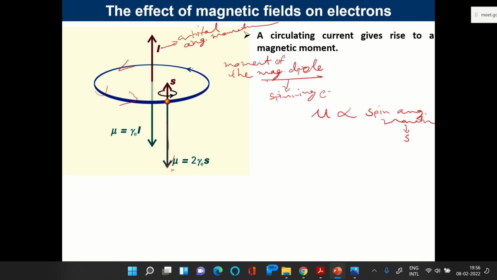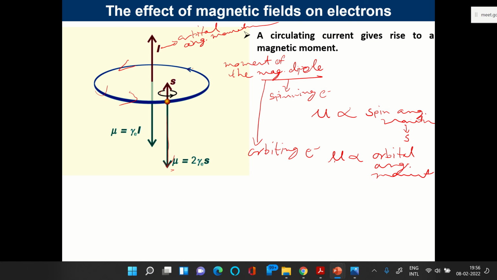If the magnetic dipole is the orbiting electron, then mu is proportional to the orbital angular momentum. So the magnet that I am viewing is a magnet for two reasons: due to spin and due to orbital motion, and we assign them separately.